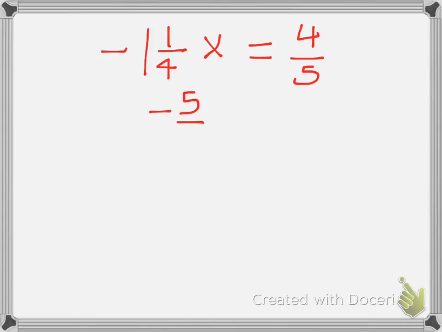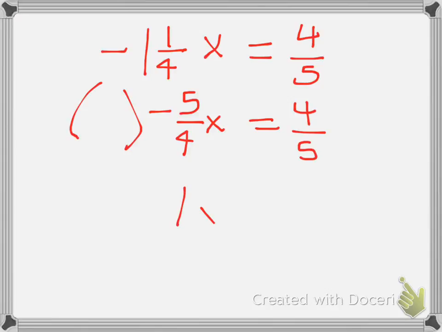The other way that we have learned to do these types of problems is that, remember, dividing by the reciprocal when we're showing our work. I could also just change this into -5/4 x here, and then we know that to get a positive 1x, we will multiply this by the reciprocal.